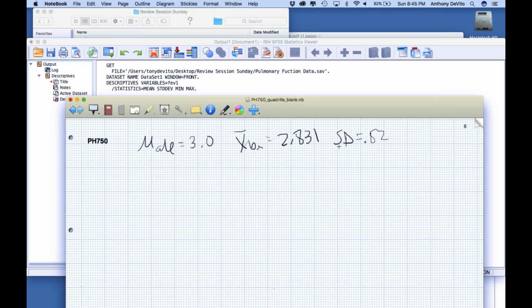I'm going to say to myself, well, gee, my sample size was 60, right? So I need to figure out, what is my standard error here? This is the population. This is the sample. N is equal to 60. So I want to compare this mean to a known value. That's called a single sample t-test.